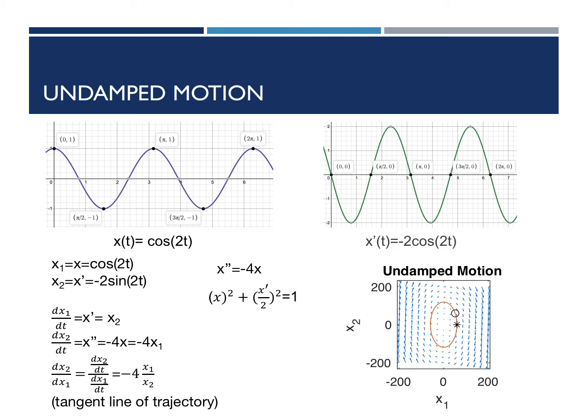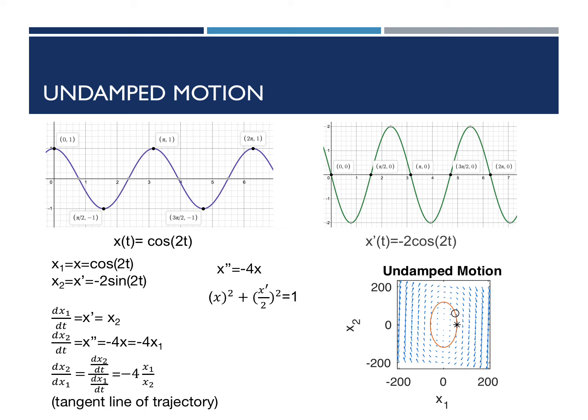And we want to find the trajectory of our simulation, but we have to find a relation between x1 and x2. So we have to make the t parameter disappear.